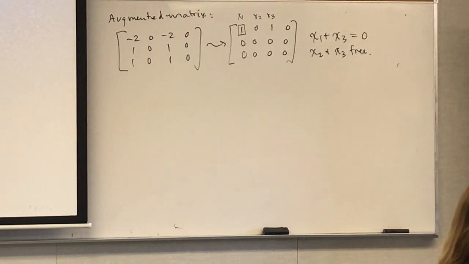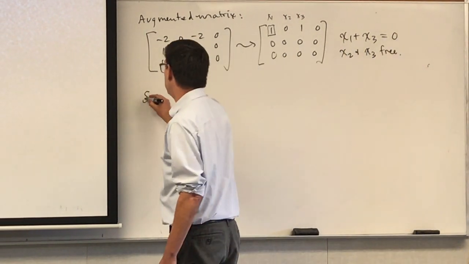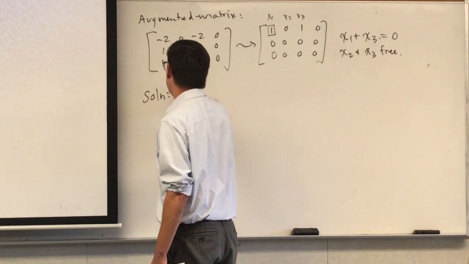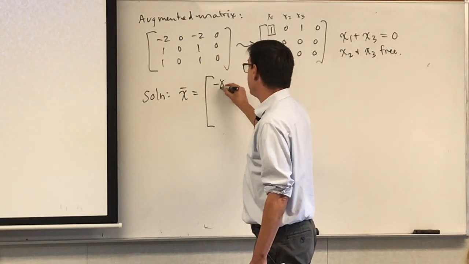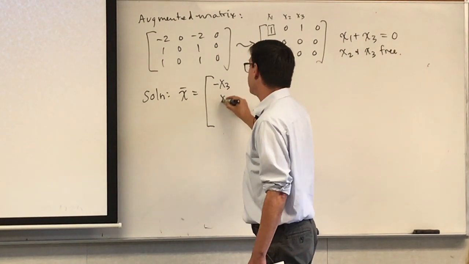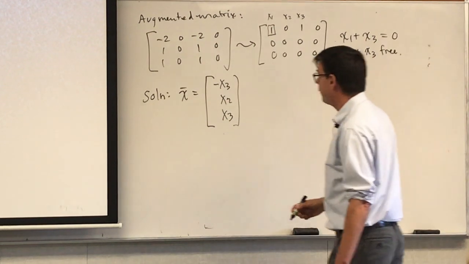So x2 and x3 are both free variables. So the solution x is going to have the form x1 is negative x3, but x2 and x3 are both free.